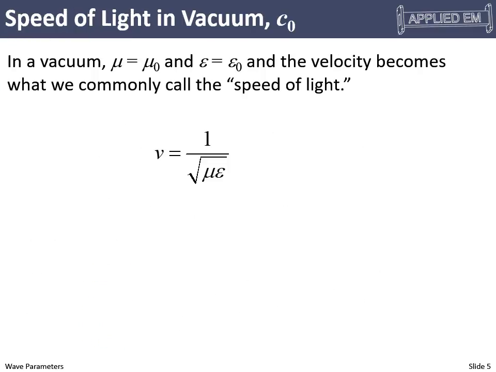So here's our equation. What if we are in a vacuum? In a vacuum, our permeability is just the free space permeability, and our permittivity is just the free space permittivity. We can fill those into our velocity equation, and now we're talking about the speed of light.